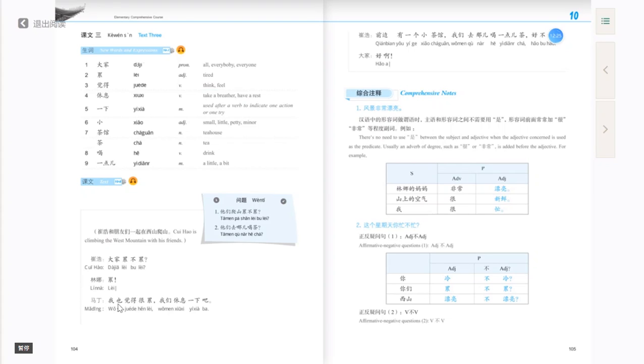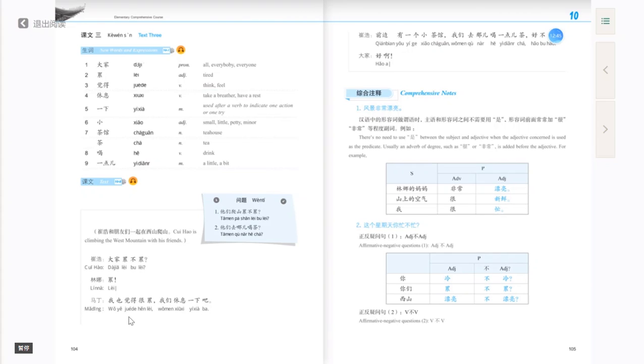Martin says 我也觉得很累，我们休息一下吧。I also feel very tired. We rest a little bit. This ba indicates a kind of suggestion, like how about something, right?